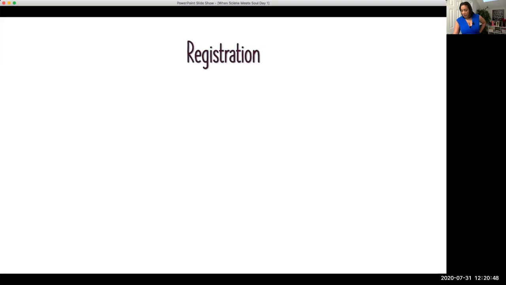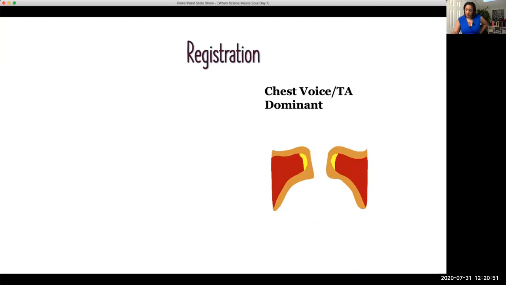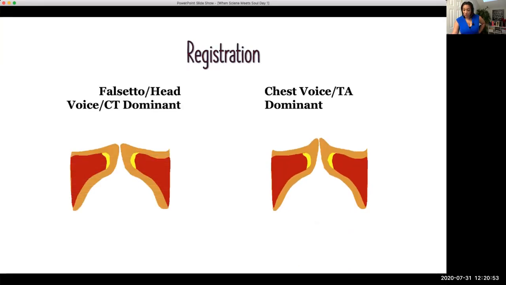So now when I'm looking at registration, I'm understanding registration with the concept of being ready to sustain the sound that the person is giving me and develop their sound in an area that they need to go. So I need to know functionally what's happening with registration, so I know where to go with this singer. If we're looking at chest voice, I use the 5 fingers with my students. I know a lot of people use that.